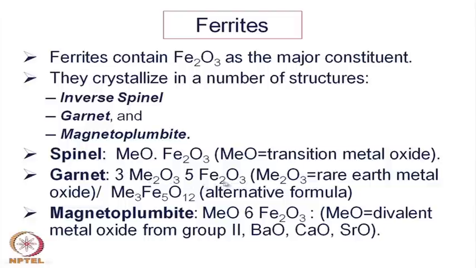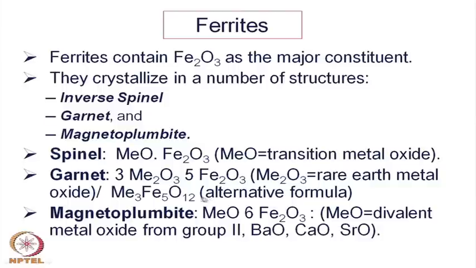So, Me2O3 in this case, this trivalent oxide Me is not a transition metal, it is a rare earth, another group of compounds which has some similarity with the transition metals so far as the electronic structure is concerned. Me is actually a rare earth metal, or Me2O3 is a rare earth metal oxide.